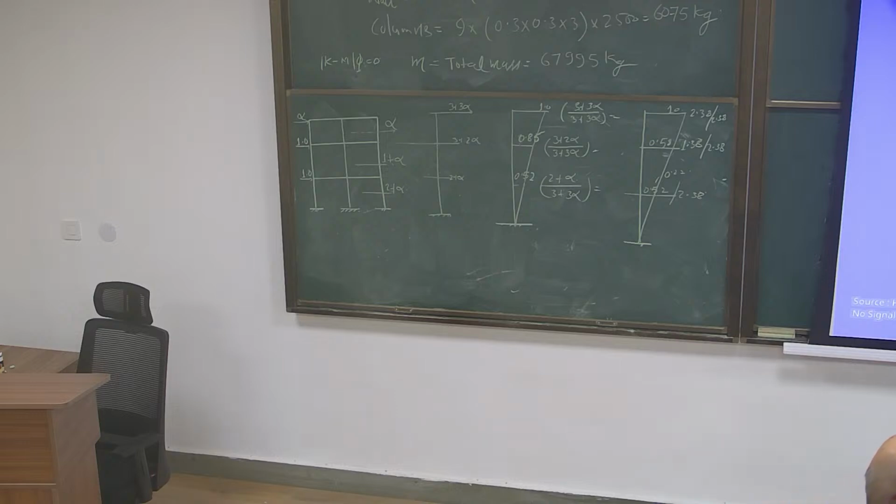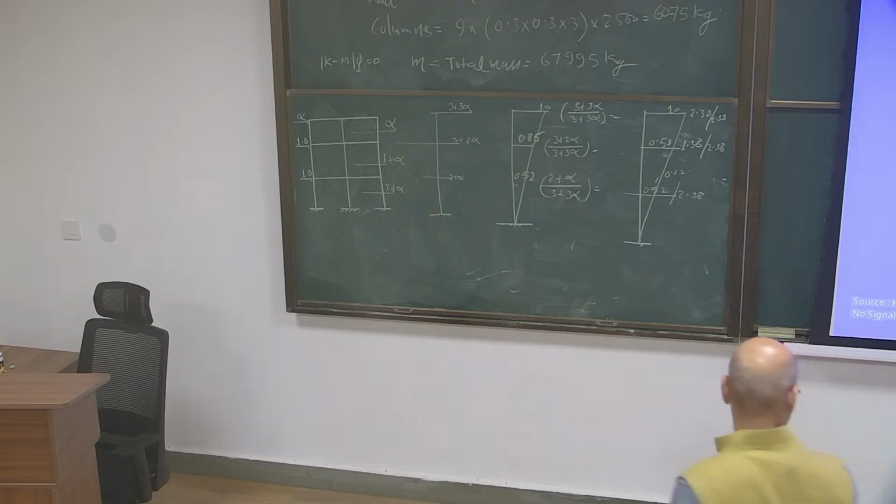Because around, people say, the first 3 modes contribute around 90% of the total mass. Even when solving larger problems, 7-8 modes for a building is good enough. That will give a fairly accurate estimate of the response.